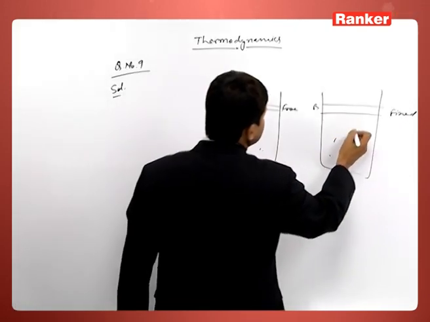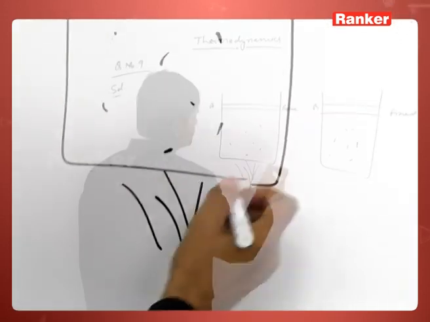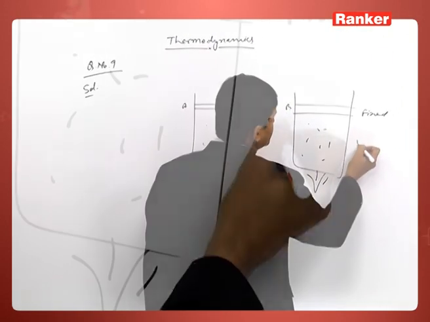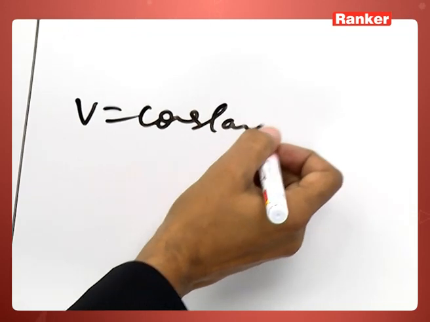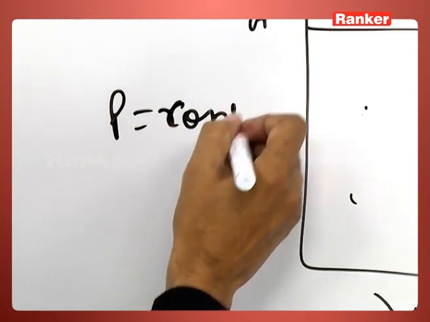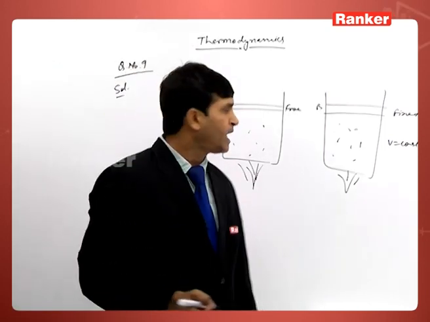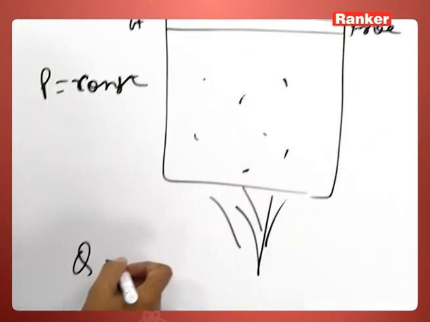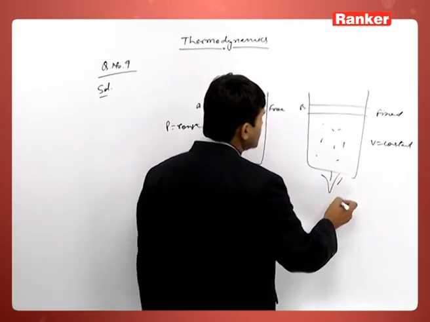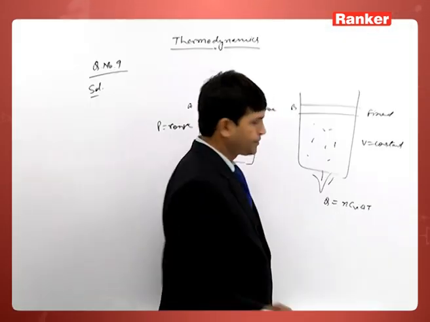Whenever we are supplying heat, since B is fixed, volume is constant, and here in A pressure is constant. The same amount of heat has been supplied. So that heat Q is equal to n Cp delta T for A. And for B, work done will be 0, so Q is n Cv delta T.